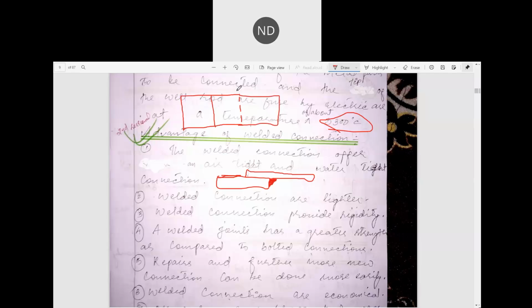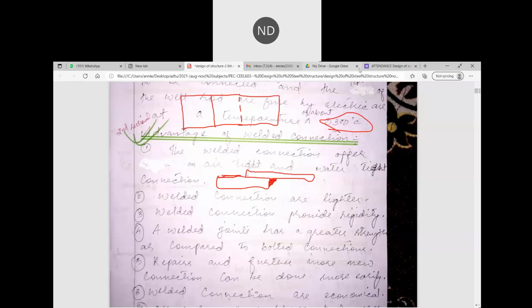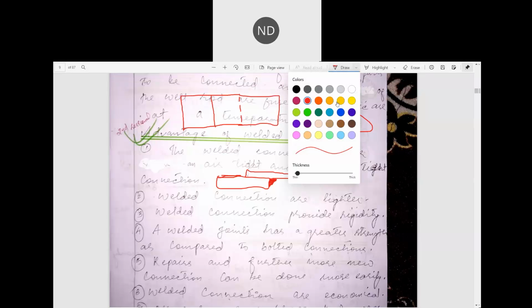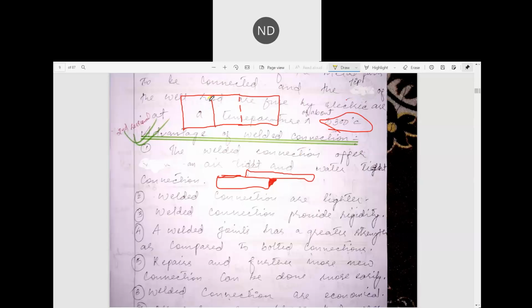This plate is at the bottom, this plate is at the top. You have to connect these two plates. When you are connecting these two plates, what is happening? Here you have to do the welded connection. This is your welded portion.